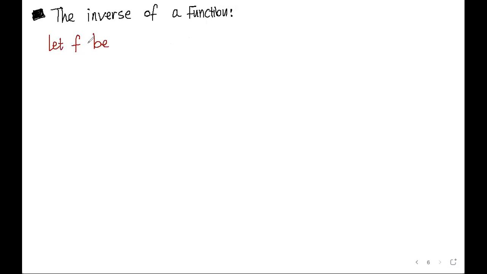So the function f must be one-to-one. To find the inverse for any function, the function f must be one-to-one. If it's not one-to-one, it doesn't have an inverse. This is so important. The function must be one-to-one. If it's not one-to-one, then the function does not have an inverse. Let f be a one-to-one function.